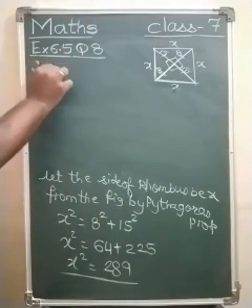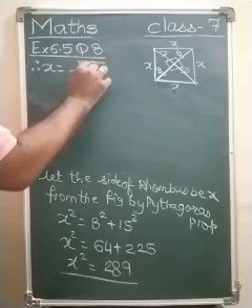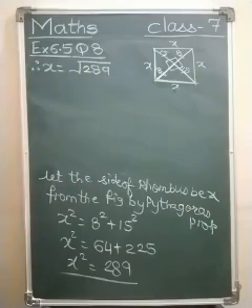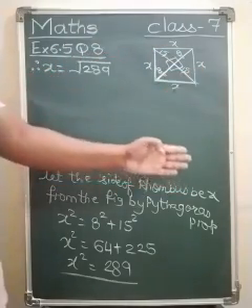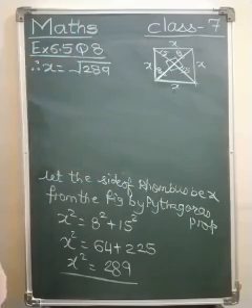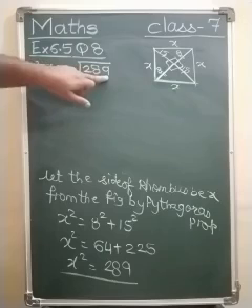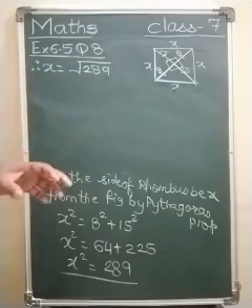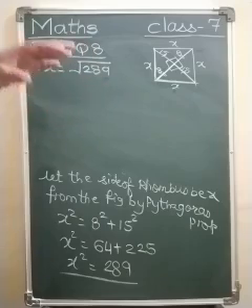Therefore, x equals root of 289. Now, again we can go by prime factorization, but since this is a square of a prime number, prime factorization would not be very easy. Here is an easy way to find the square root. Here 9 is there, so how many numbers are there which when multiplied by itself give us 9?